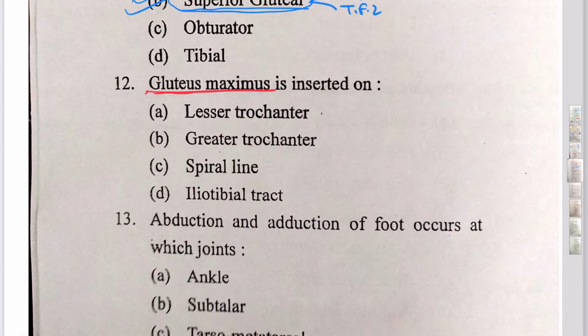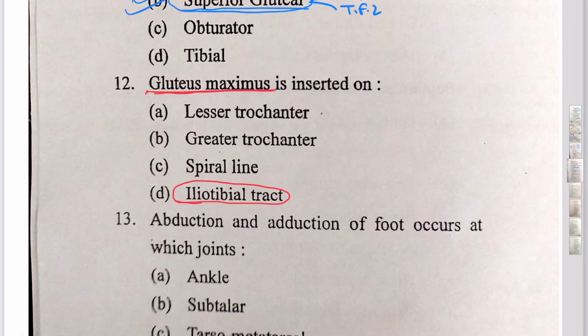This is a big origin of this muscle, and it winds around laterally and inserts onto the iliotibial tract. Iliotibial tract is a thickening of the fascia lata of the thigh. It's connected right from the iliac crest, invests the muscle tensor fasciae lati, descends down, and inserts onto the anterior surface of the lateral condyle of tibia.